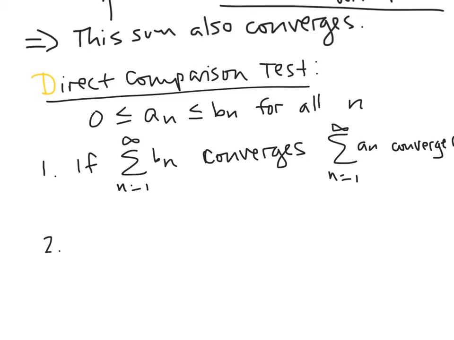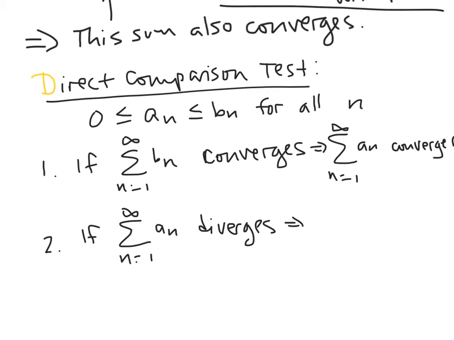Conversely, we also know that if the sum of the a sub n's diverges, then this will tell us that the sum of the b sub n's diverges as well.